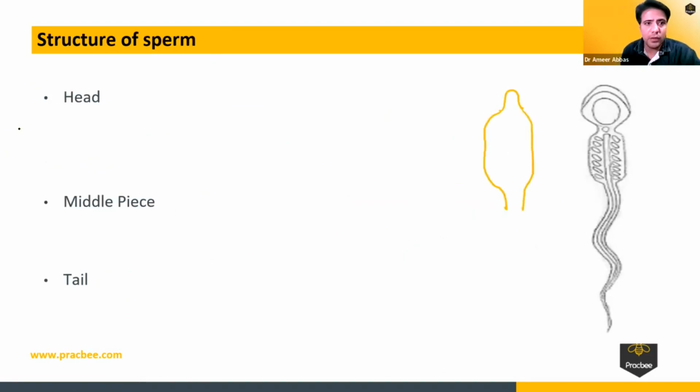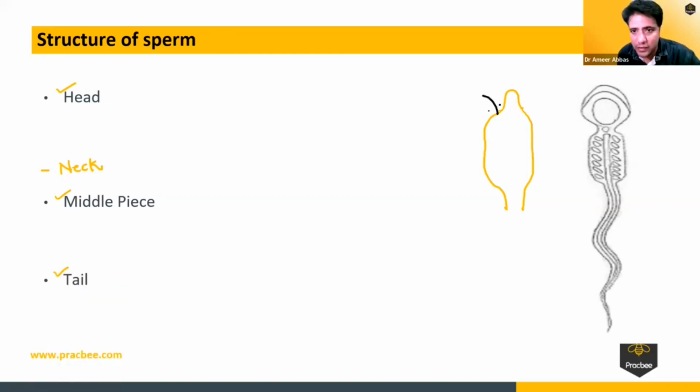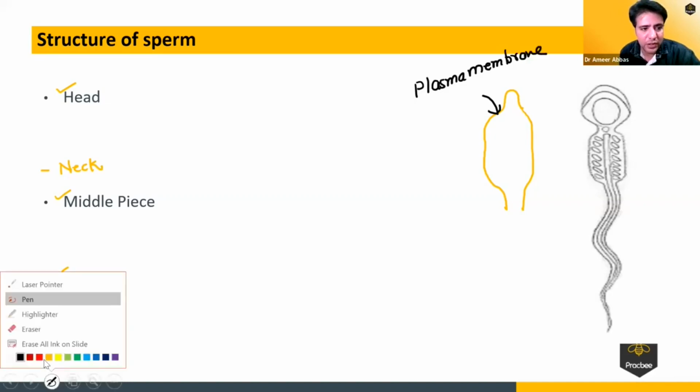When we look into the structure of sperm, we see three portions: head, middle piece, and tail. Somewhere the neck is also mentioned. In the head portion, first of all, the head is covered by a membrane known as plasma membrane. This head portion consists of two most important things.